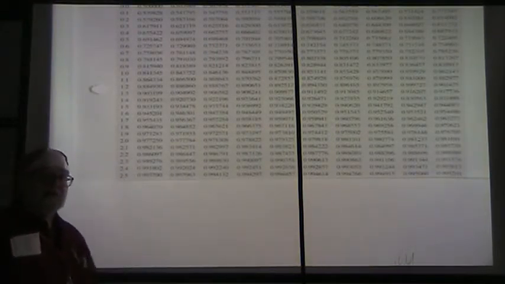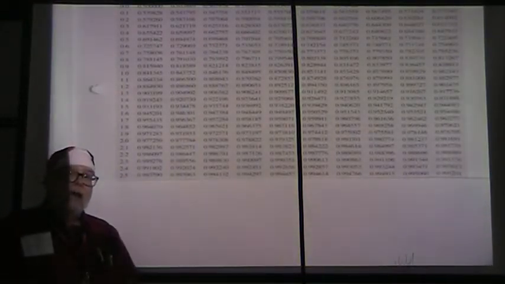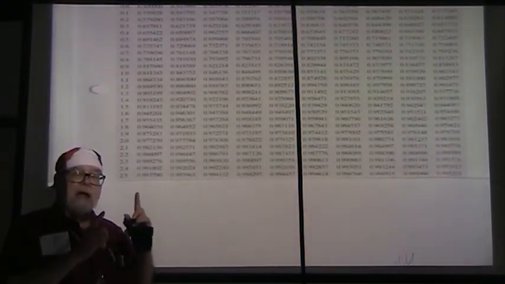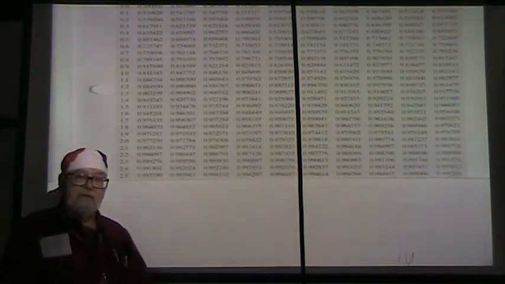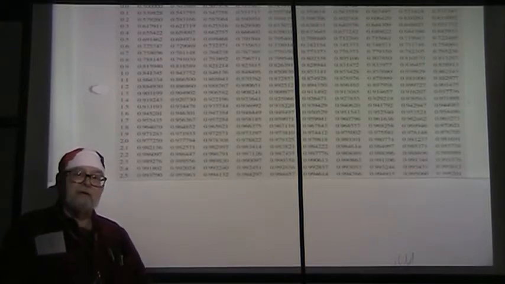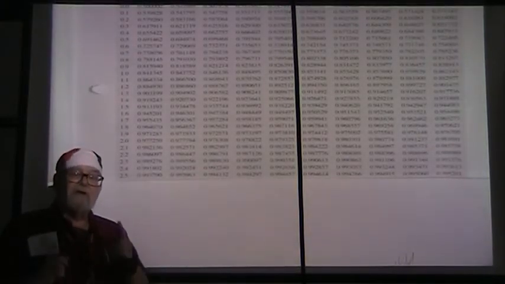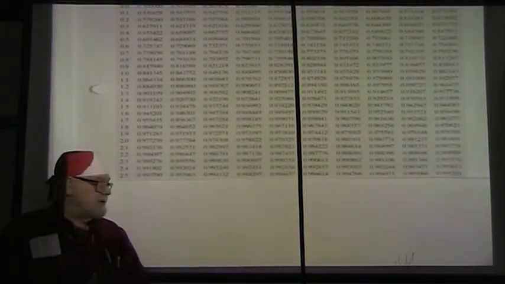So it's at 2.5, the same as when we were looking at the negative z alpha divided by 2. But in this case, we're looking for the positive z alpha divided by 2.